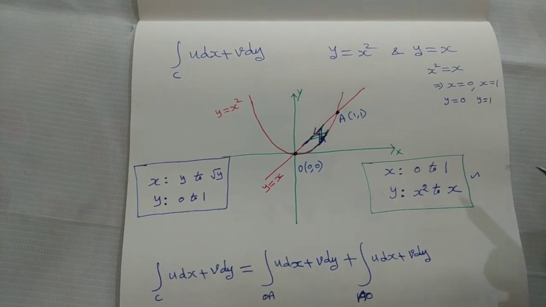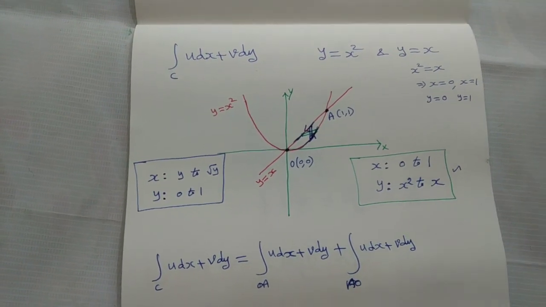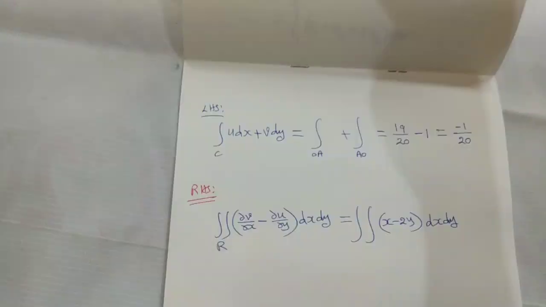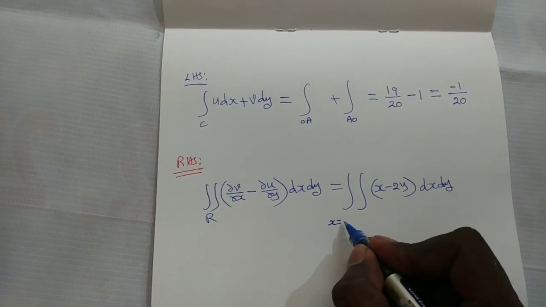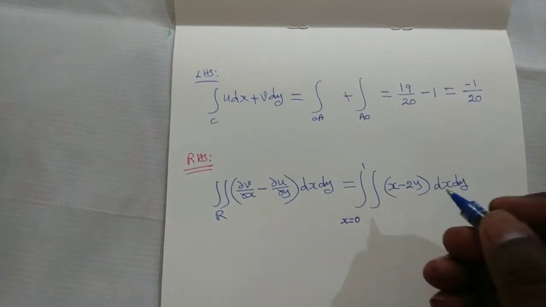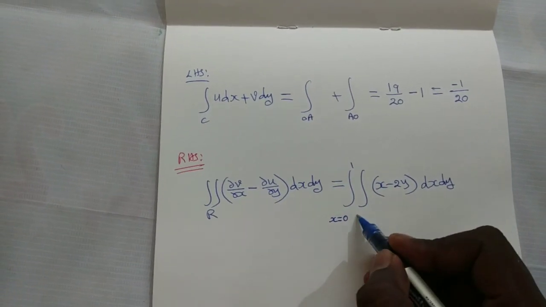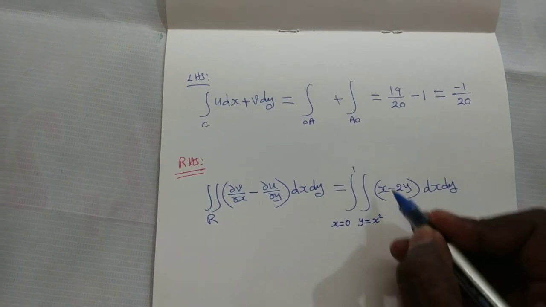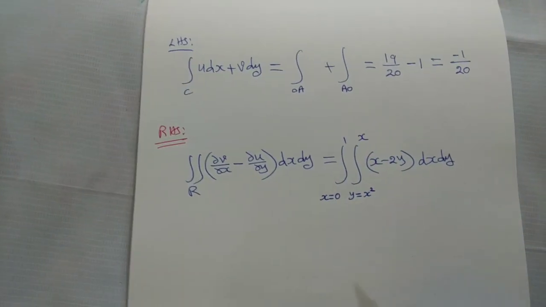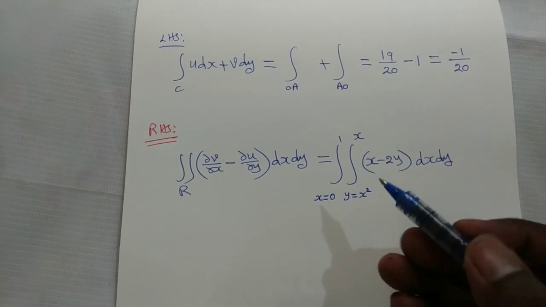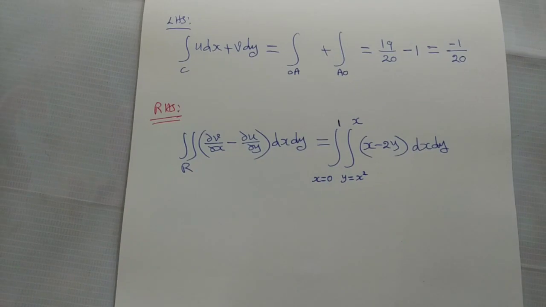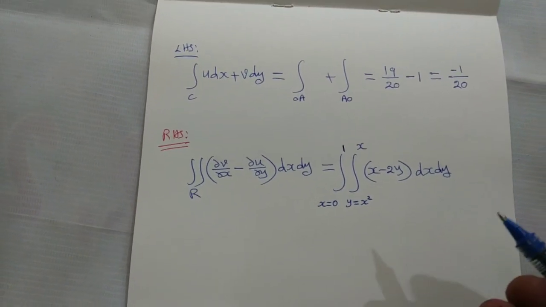So the x limit is 0 to 1, and the y limit is x square to x. The variable limit is y, so y is the first integral. This is from the multiple integrals you studied in Engineering Mathematics 1, first semester.